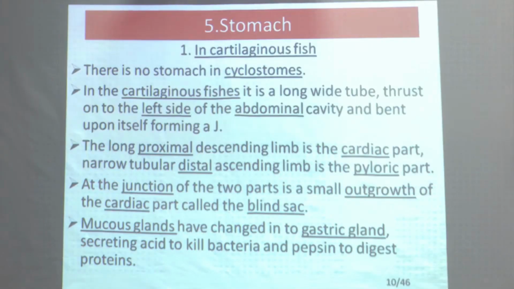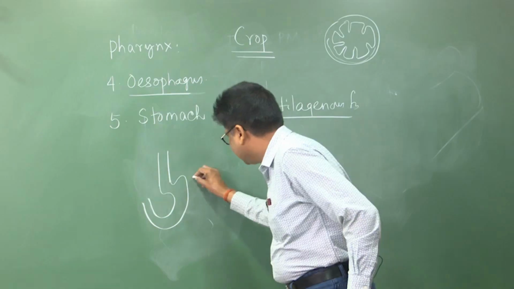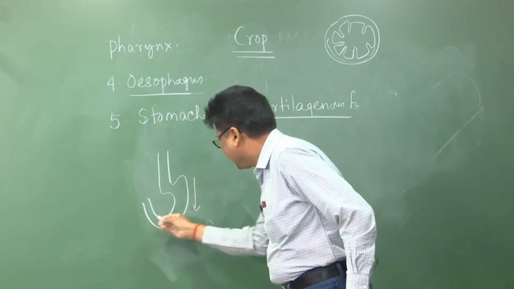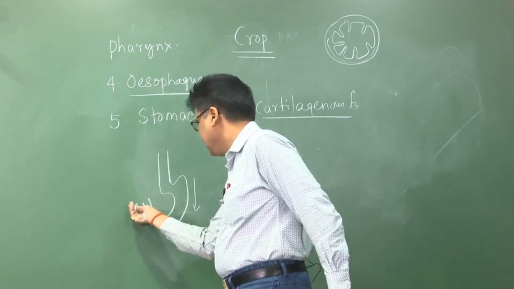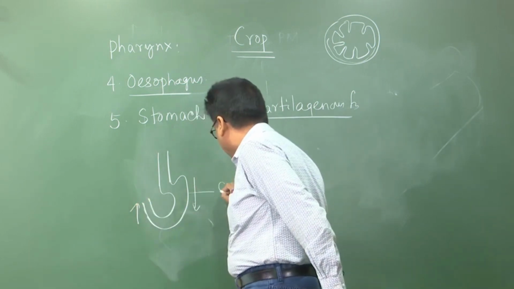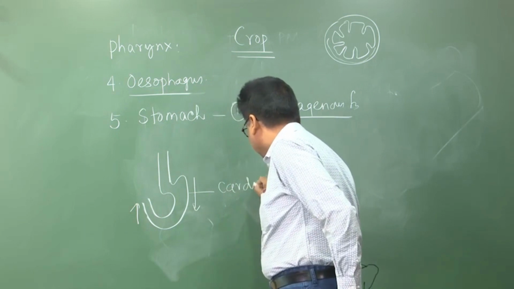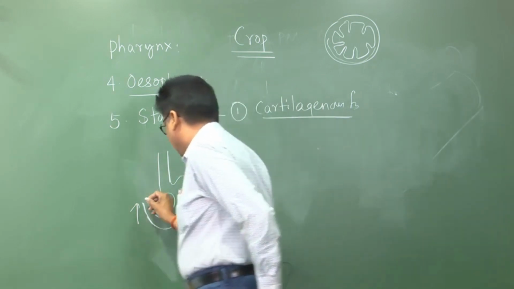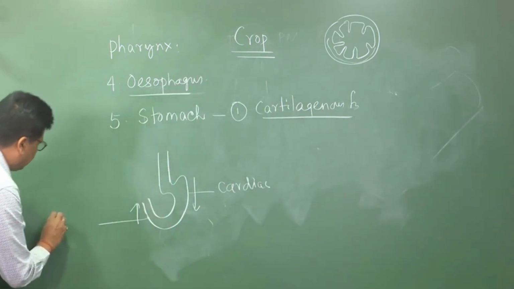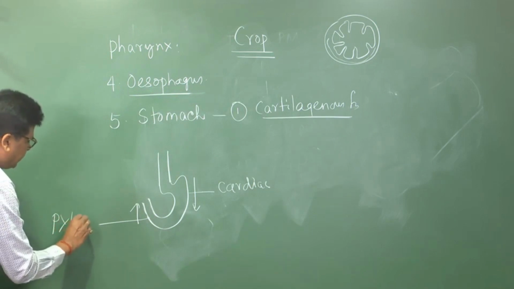Second, the long proximal descending limb is the cardiac part, and the narrow tubular distal ascending limb is the pyloric part. You see this is the descending part and this is the ascending part.